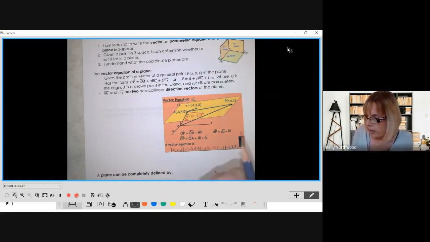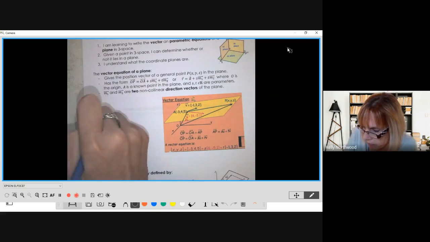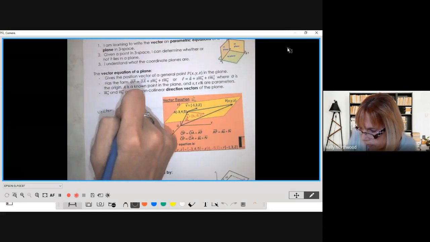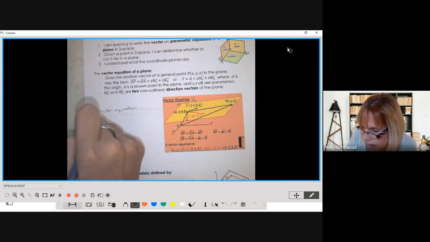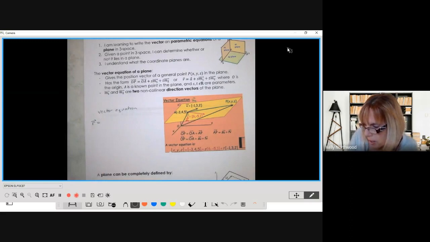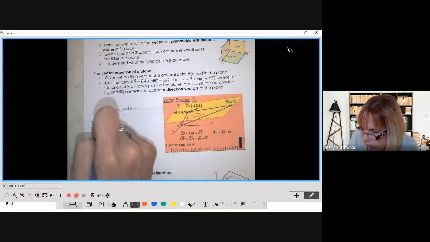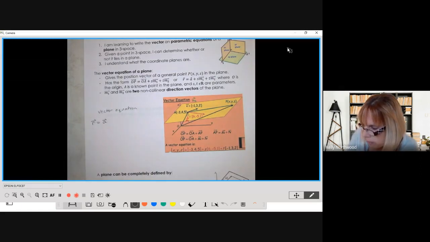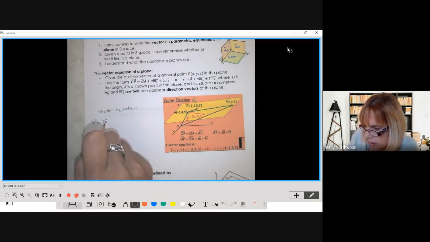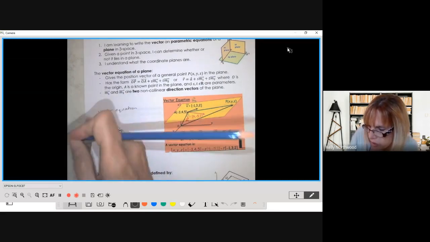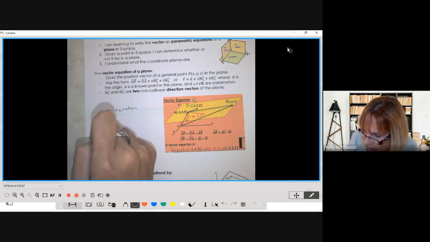So our vector equation is really going to be r, which represents x, y, z, same thing. r is going to be the vector of a known point on the plane, which is little a, or we can say a point-to-point vector O to A like he used.